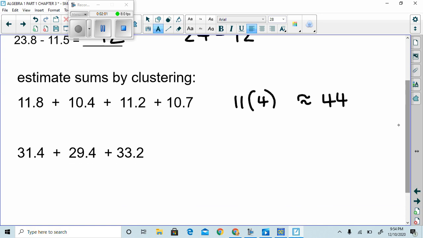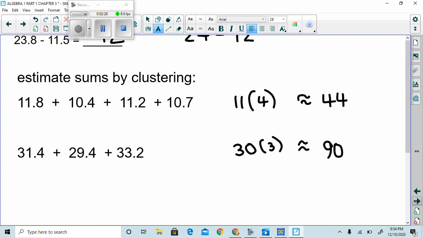Let's see that again. 31 4/10, 29 4/10, and 33 2/10. They're all around, I'll say 30. There are 3 of them, and I'll just multiply, and I'll get approximately 90. Now with estimation, reasonable answers are accepted, but these are the most reasonable that I would say.